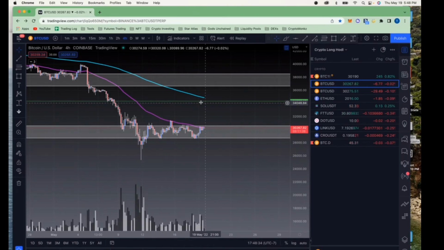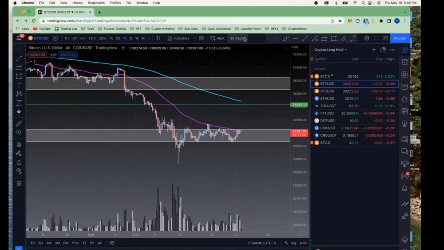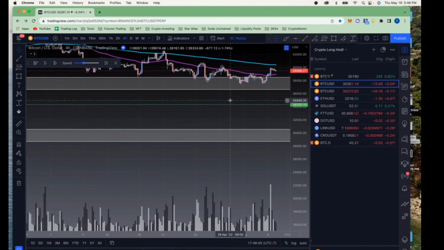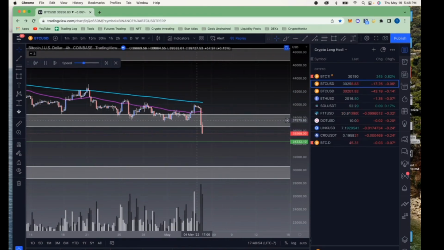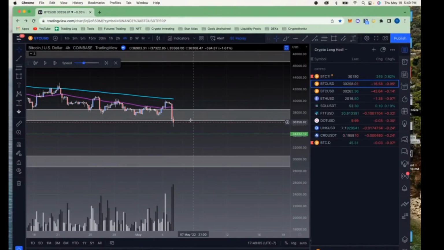Use this fancy thing on your TradingView, which is the replay button. You can hit replay and go anywhere, change the speed, push play, and guess what was going to happen. Obviously after this big move, bears are in control, and especially if it broke out of this white box that we created as an area of interest for support and resistance, you're probably like, we're either going to chill here or break down more, right?